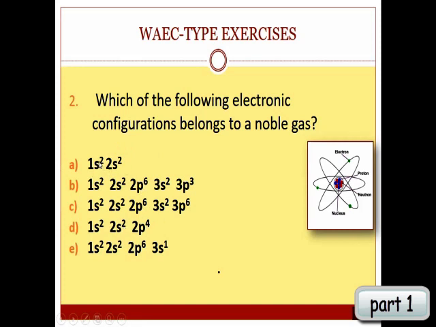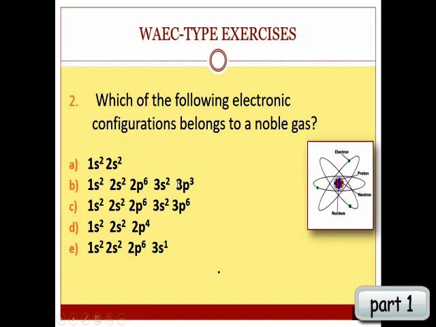So option A becomes 2, 2. Option B becomes 2, 8: 2 plus 6 becomes 8, and 2 plus 3 is 5. So the KLMN for this element will be 2, 8, 5.